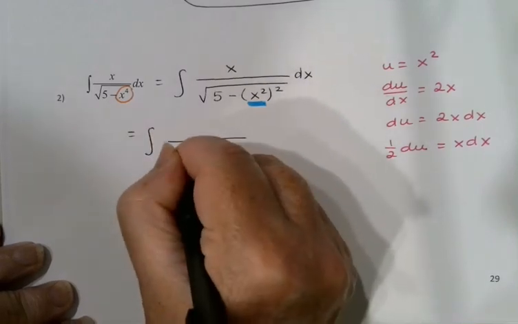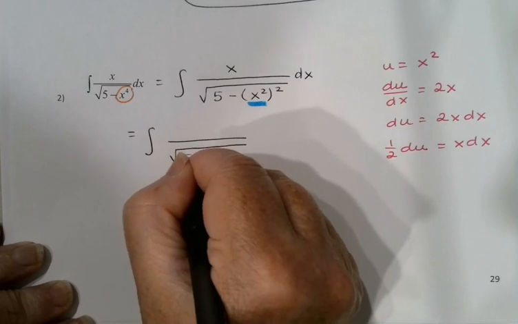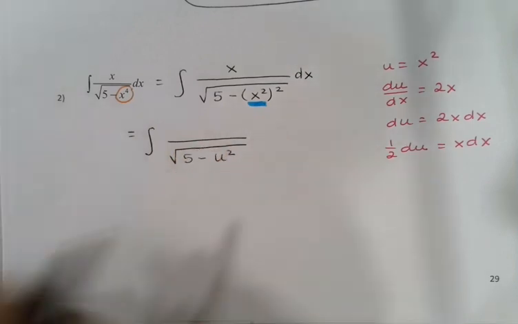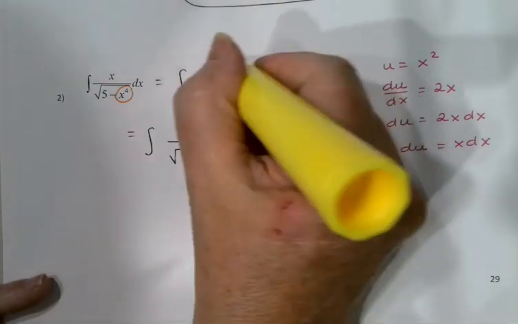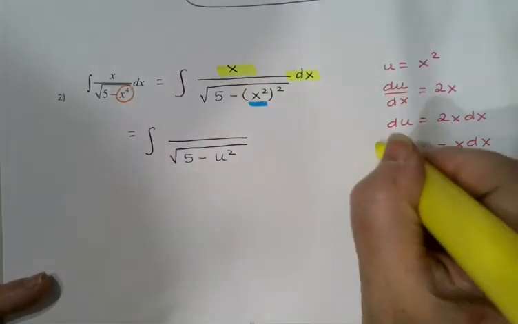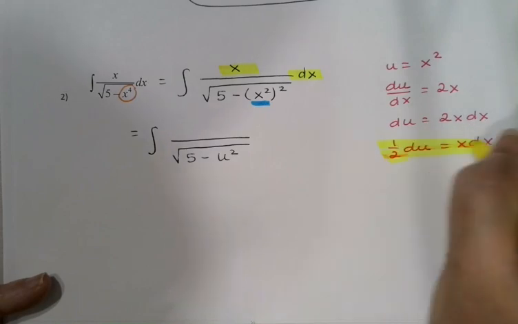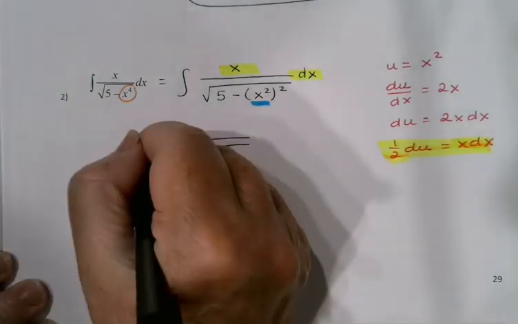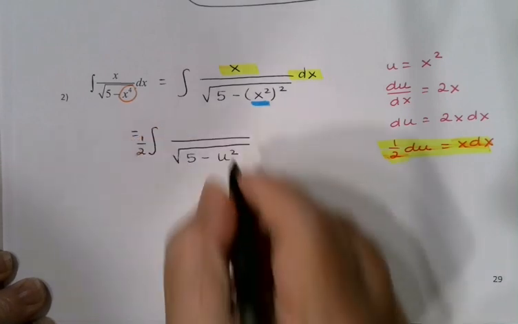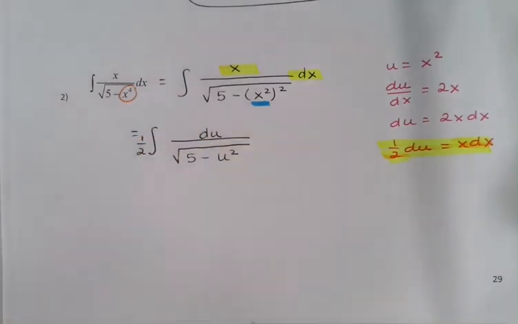So on the bottom, under the radical, I have 5 minus u squared. Now this x dx, I'm going to replace with the 1/2 du. And I'm just going to bring that 1/2 right out in front here. And I'll put the du right on top of my fraction.